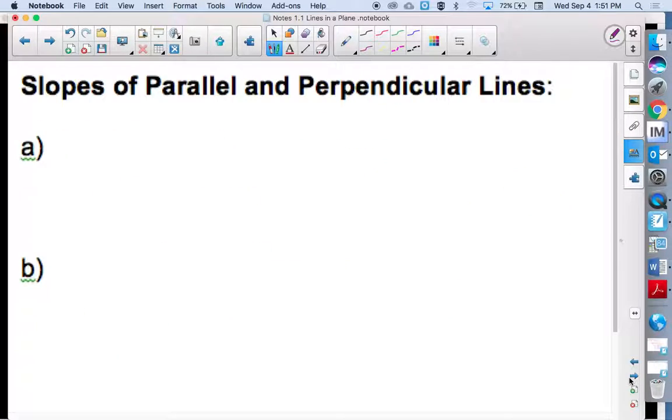All right, the last thing that we're going to talk about today will be the last question of that little reading check quiz. Parallel lines versus perpendicular lines. Mackenzie, what do you know about the slopes of parallel lines?